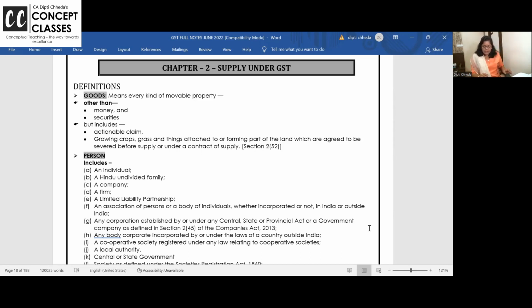चलो, डेफिनेशन में गुड्स, every kind of movable property other than money and security is very important for MCQ. On money, GST is not charged, security is not charged, but include actionable claim. Actionable claim आगे defined है.